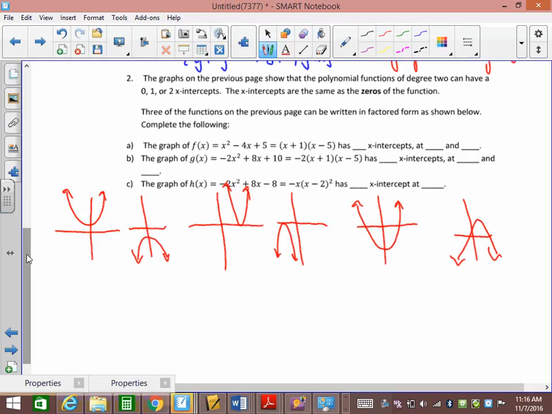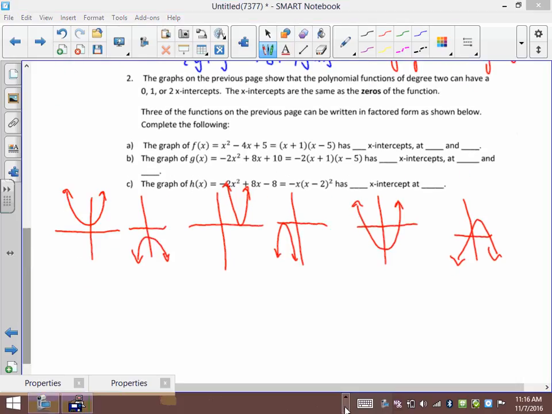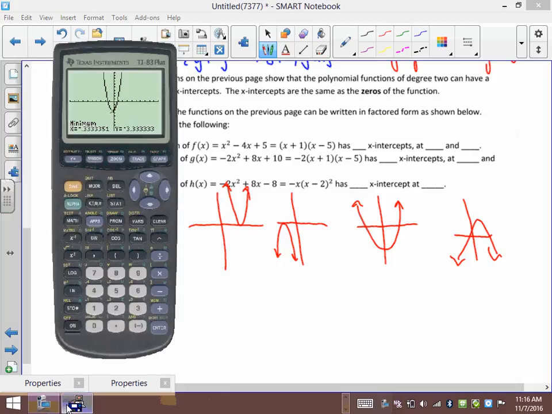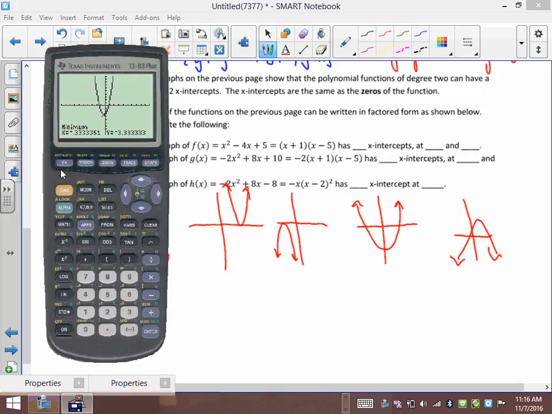So let's look at this first one here, A. We're going to plug it in our calculator. It's the easiest way to tell how many x-intercepts there are. Your calculator lets you punch it in. Get your money's worth for your calculator. x squared minus 4x plus 5. Graph.